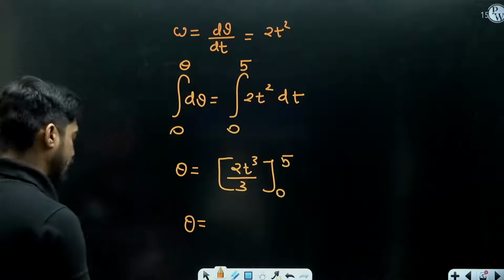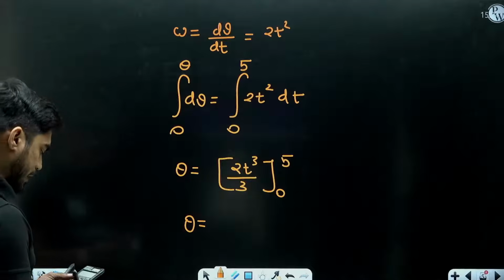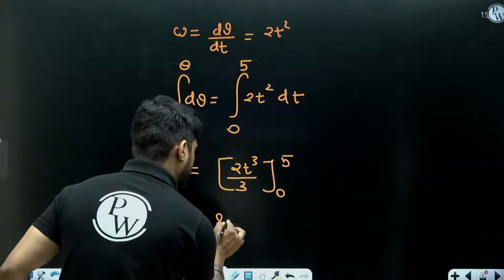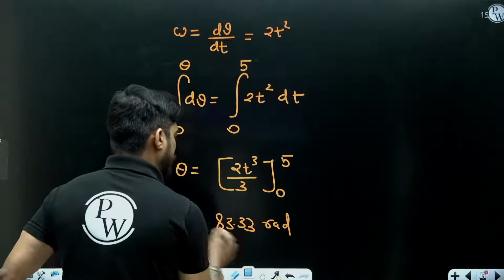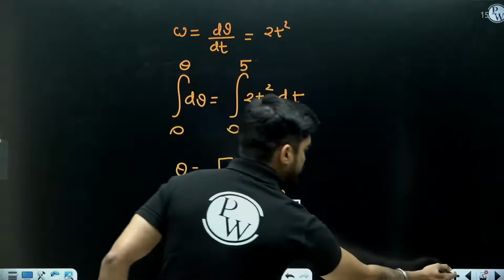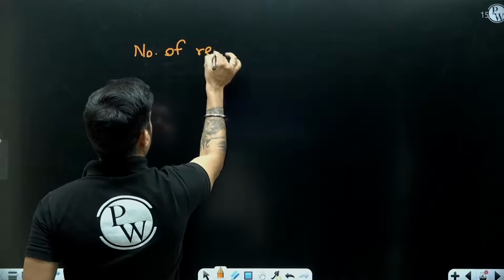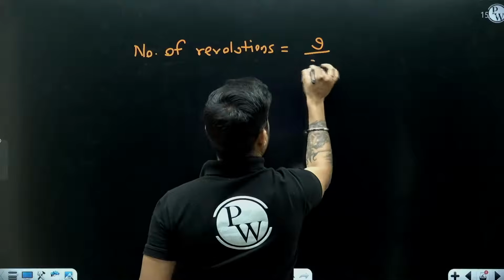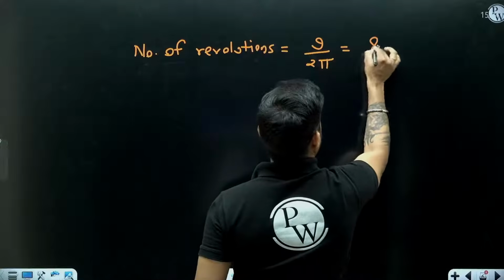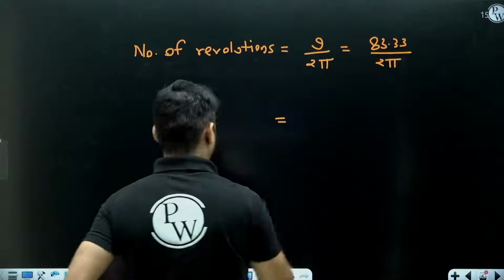So theta will be equal to 2 into 5 cube by 3. I am getting 83.33 radians. But we need to find number of revolutions, right? So number of revolutions will be theta by 2 pi. So 83.33 divided by 2 pi.